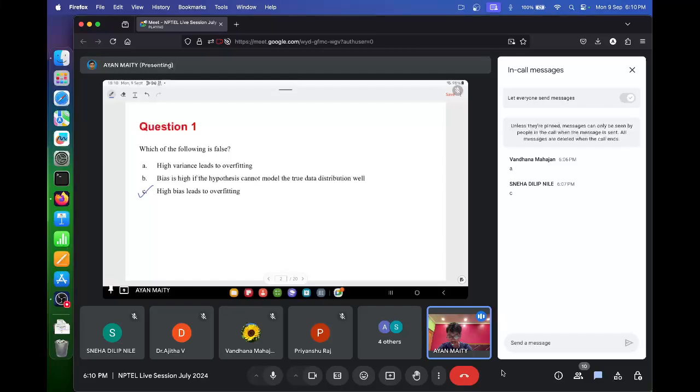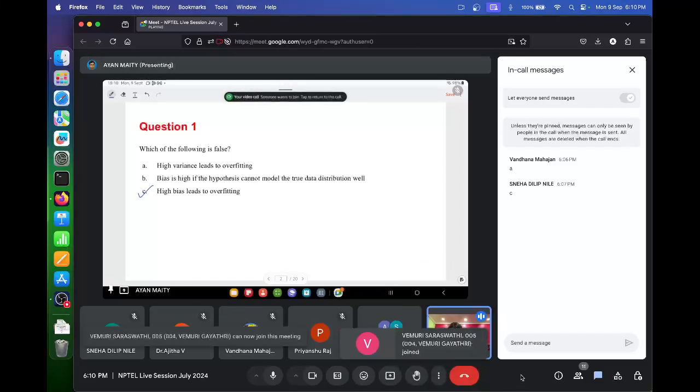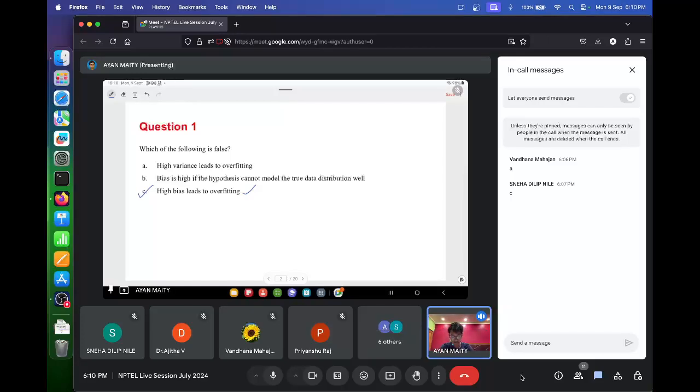So bias would be high in that case. So the false option is option C, which is high bias leads to overfitting. The correct statement would be high bias leads to underfitting. So that's why option C is the correct answer here. Is it understandable?